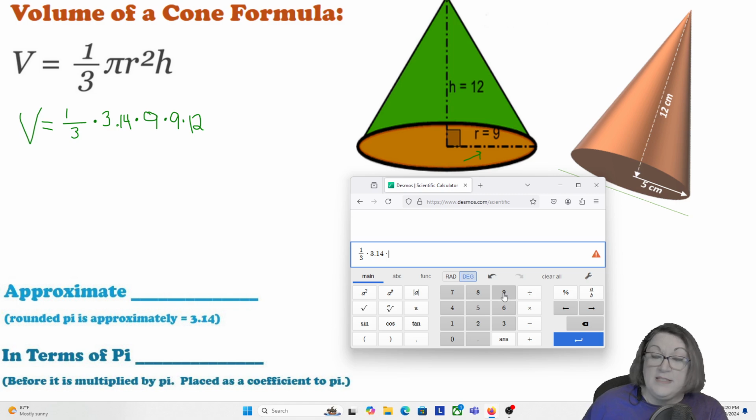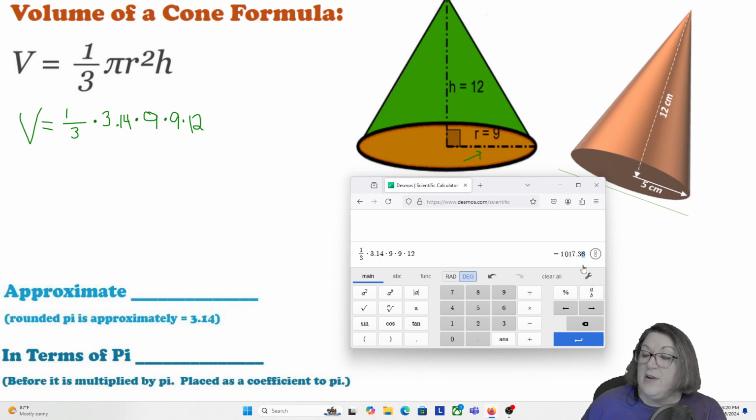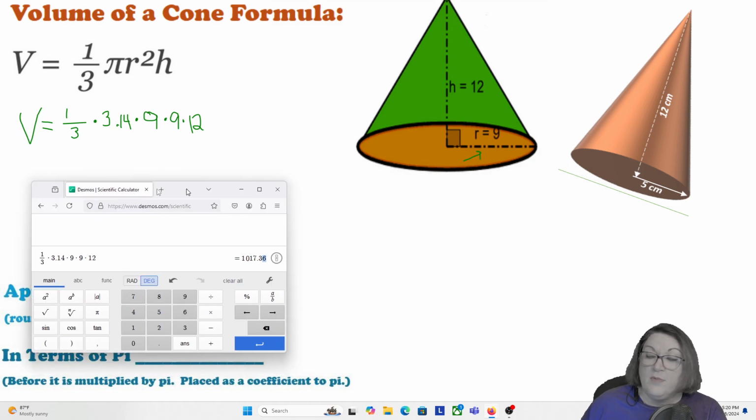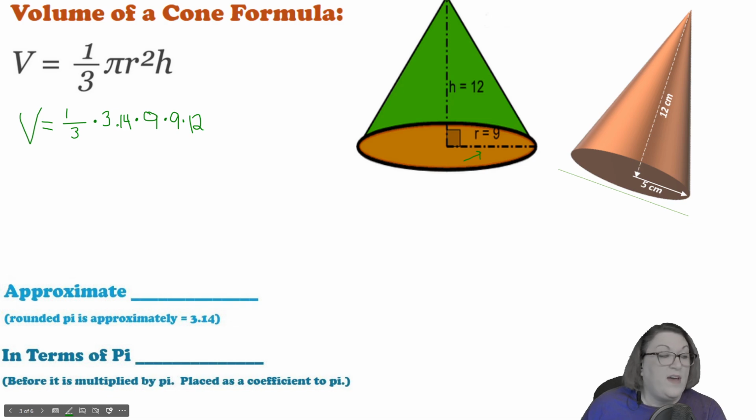Let's see, times 9 again, because we're squaring that radius of 9, and then times the height, which was 12. And all of that comes to 1017.36. If we rounded that to the nearest tenth, we would raise that 3 up to a 4 since the 6 is 5 or greater.